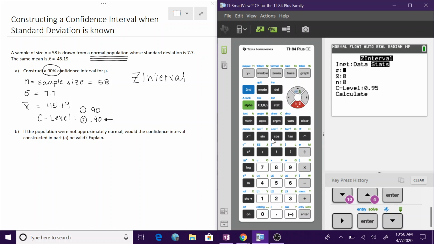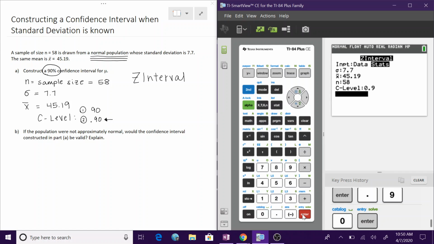So our sigma value was 7.7. Our x bar value is going to be 45.19. Our n value, or our sample size, is going to be 58. And again, our C level, you can either choose to do 90 or 0.90. Again, I'm going to choose to do 0.90 because I always do decimals when I'm dealing with percentages. So I just like to stay consistent.